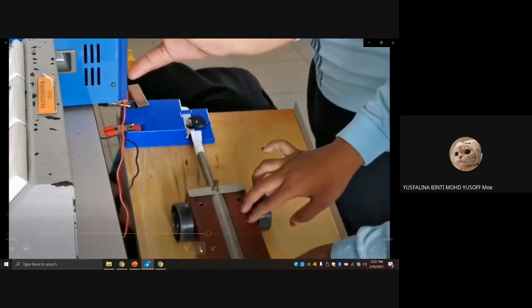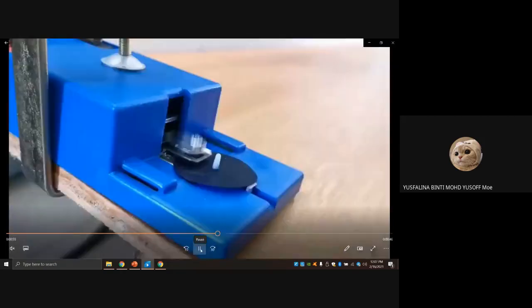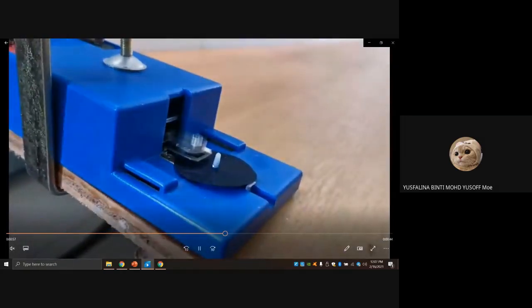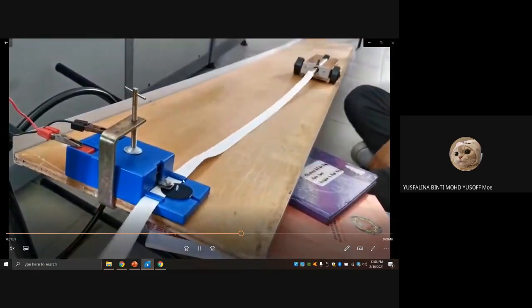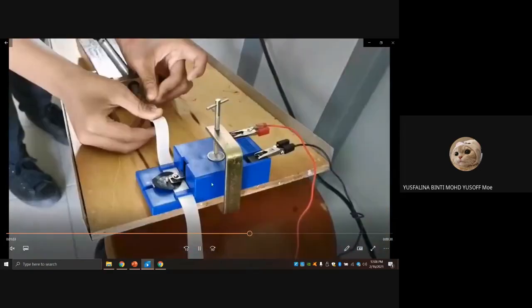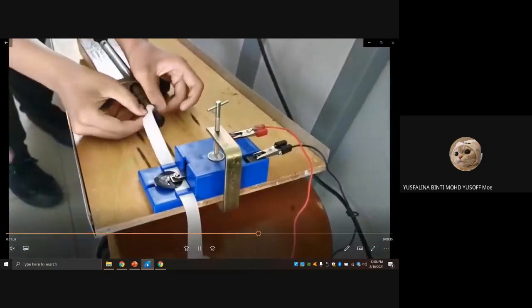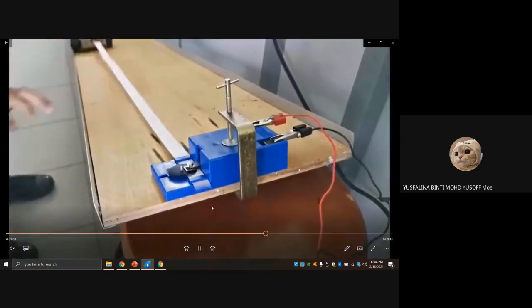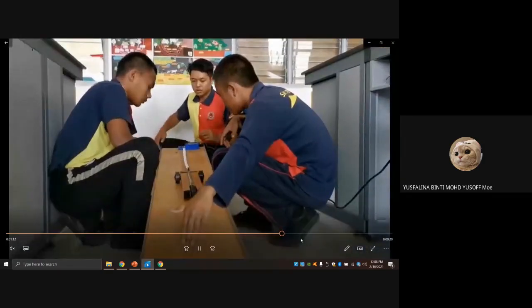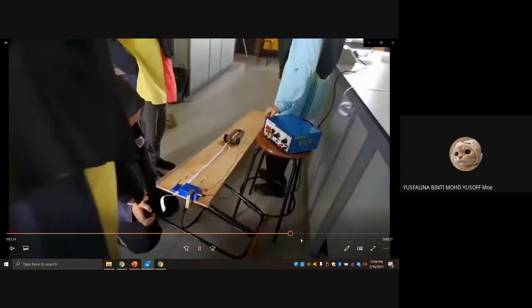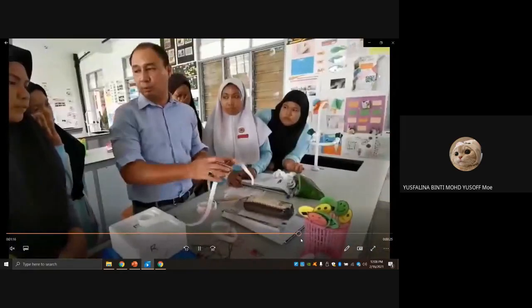In this video they didn't use the carbon one, so they have to put a carbon here. But in our lab, the ticker tape already has a carbon, so we don't need to put it. So you let go, then it will give you the dot.